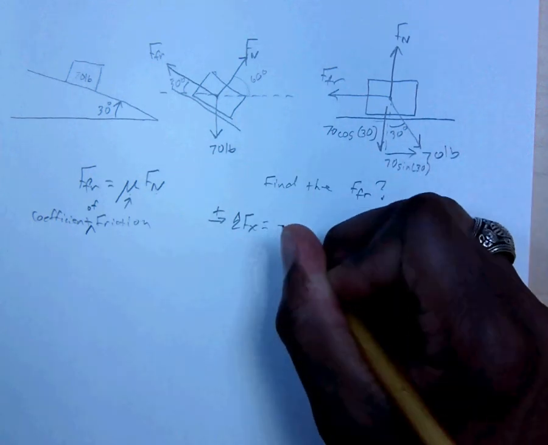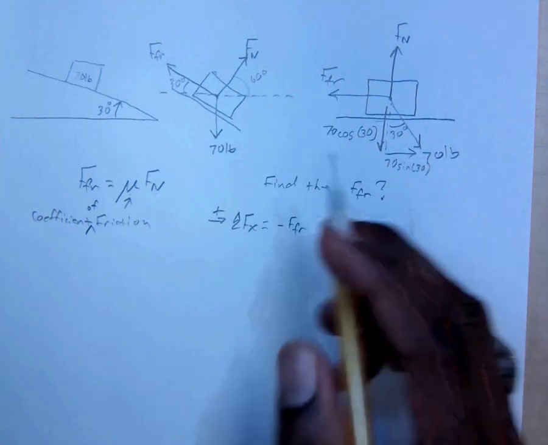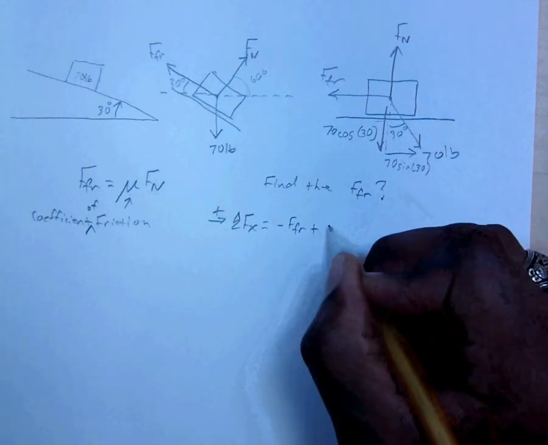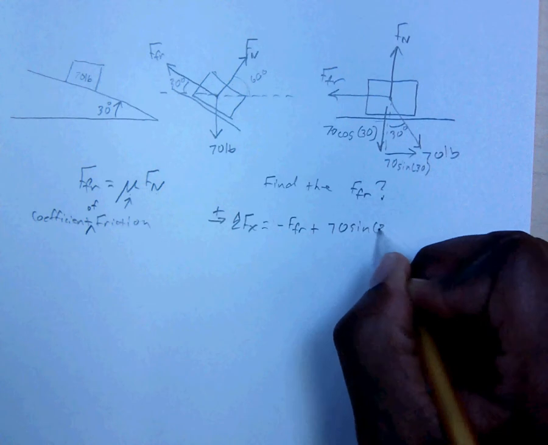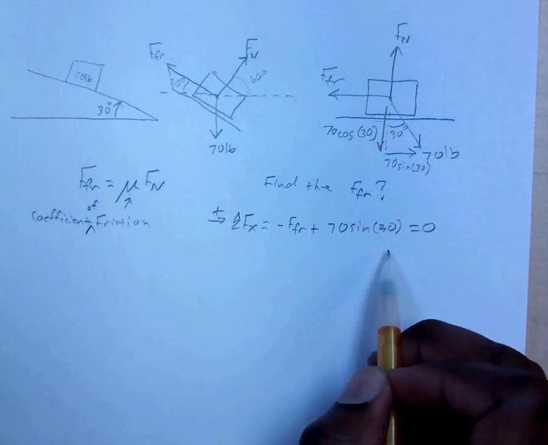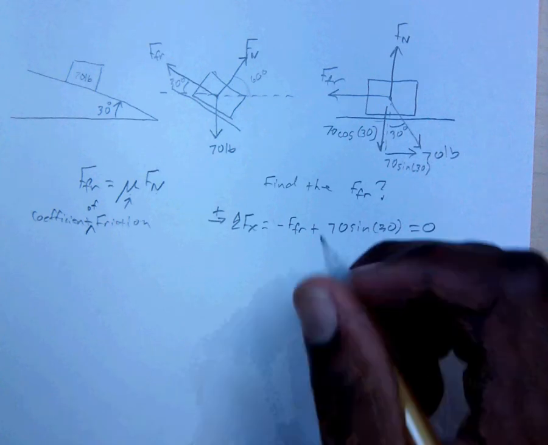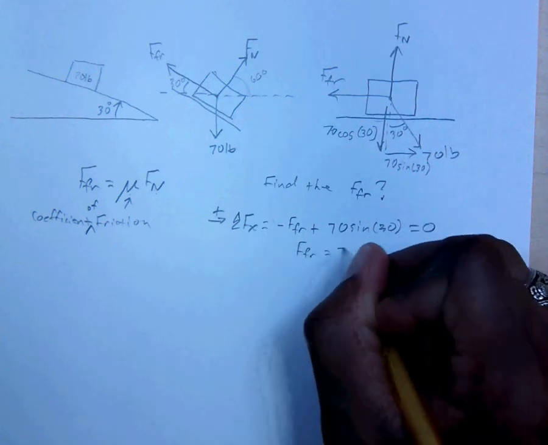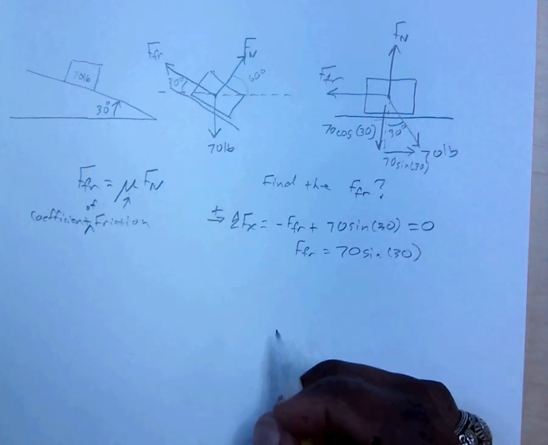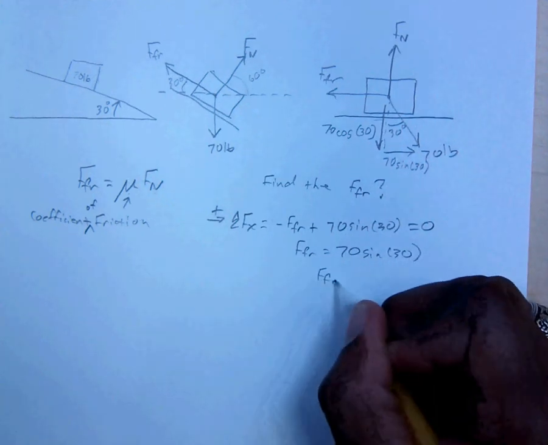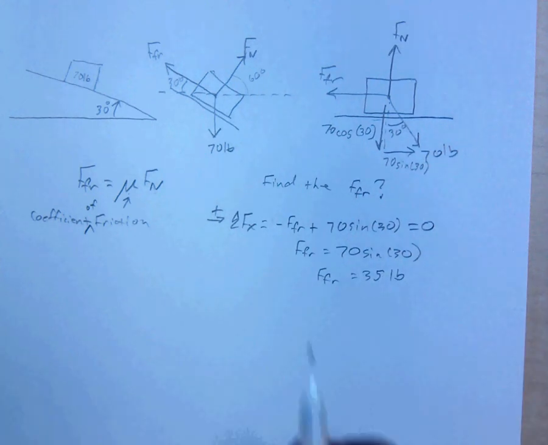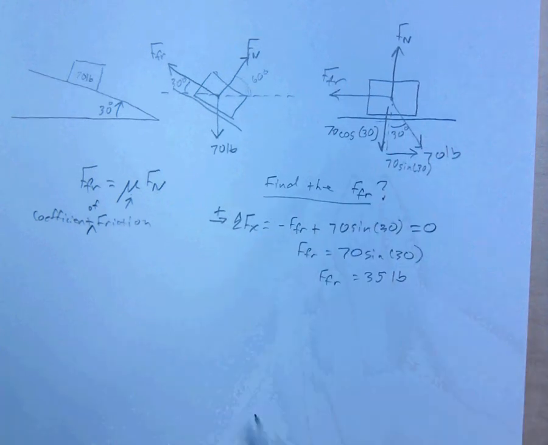Well, I have negative friction force because it's going to the left, and then I'm going to add this 70 times the sine of 30, okay, and that's supposed to equal 0. And so when we complete this equation, we find simply that the friction force is just going to equal 70 times the sine of 30, which in this case would be 35 pounds, okay? So that is how I can find the friction force in this situation.